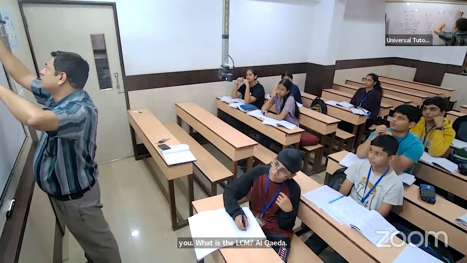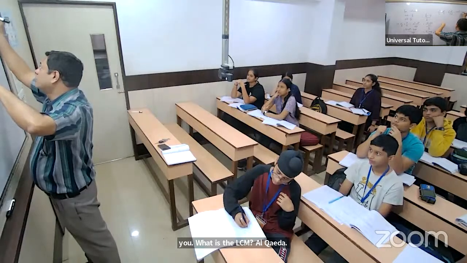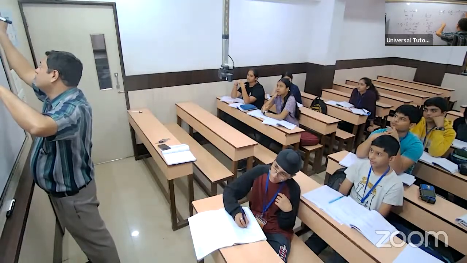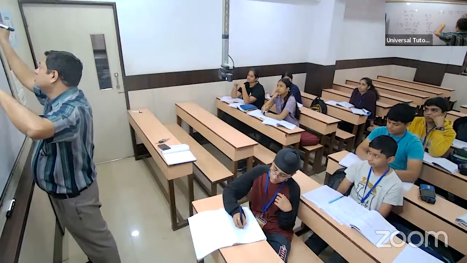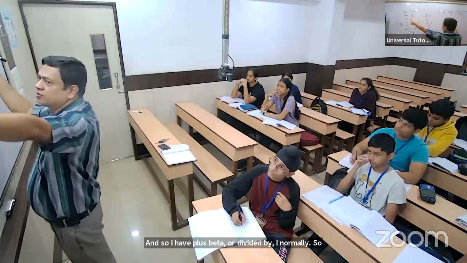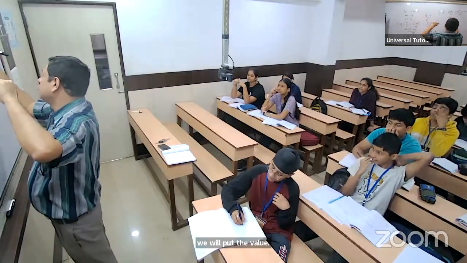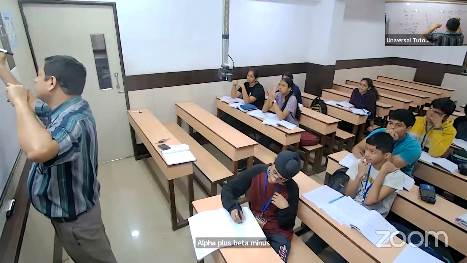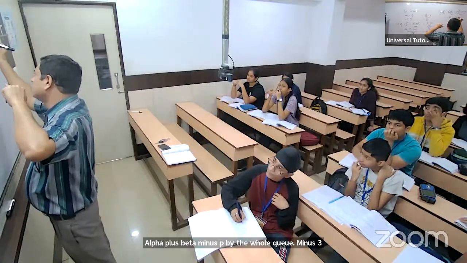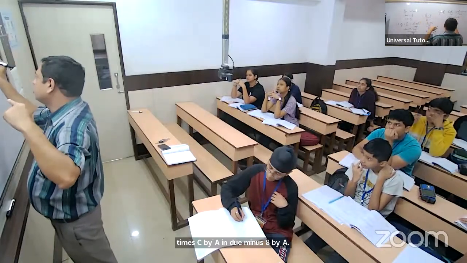Alpha plus beta whole cube minus 3 alpha beta into alpha plus beta, divided by the denominator. So we will put the value of alpha plus beta: minus b by a the whole cube, minus 3 times c by a into minus b by a, divided by alpha beta, c upon a.